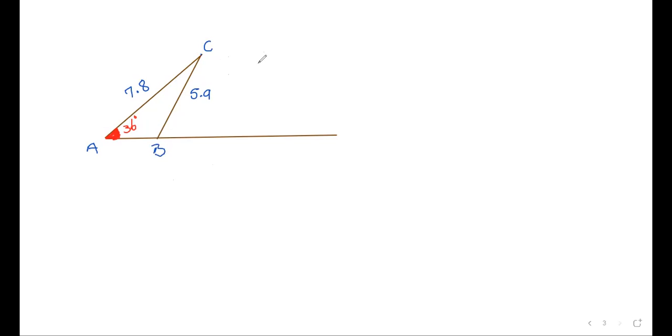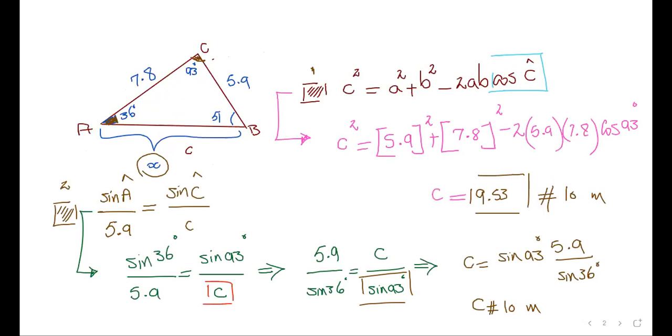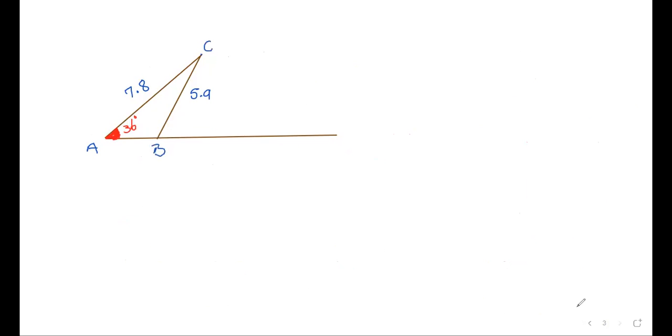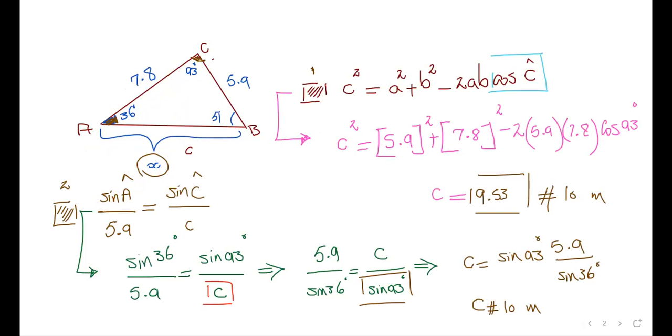What do I want to do? In the previous case, you remember we said that the problem we are dealing with is what is the length of A to B, which I call C. Still, we are looking for this problem. How much is the C? In the previous case, what we did, Janaya, we said that in order to find C, I'm looking for the angle associated with it.